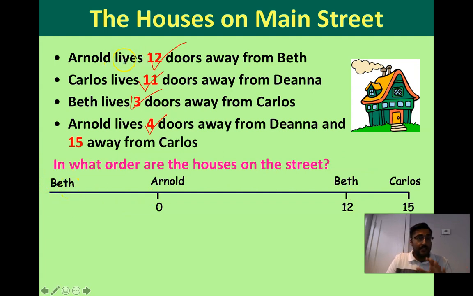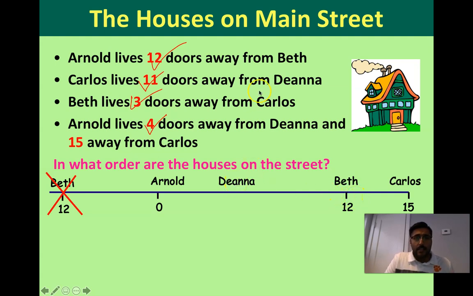Just based off of that single statement, Arnold living 12 doors away from Beth, you can't really know if Beth is to his left or to his right. But if you continue to read the other statements, you do have a statement that logically says Beth lives 3 doors away from Carlos. If you put Beth to the left of Arnold, she is not 3 doors away from Carlos. So we can't put Beth to the left. We know it makes the most sense to have Beth to the right of Arnold, right over here.